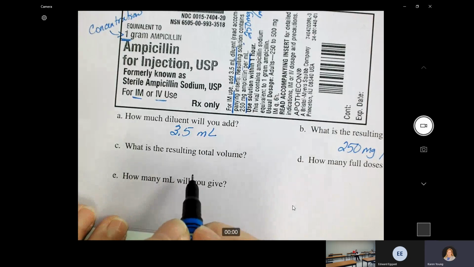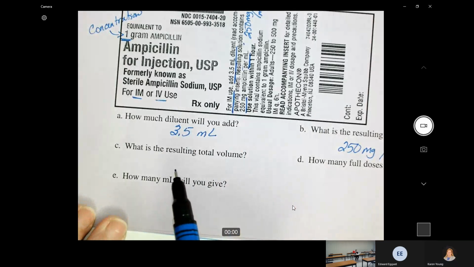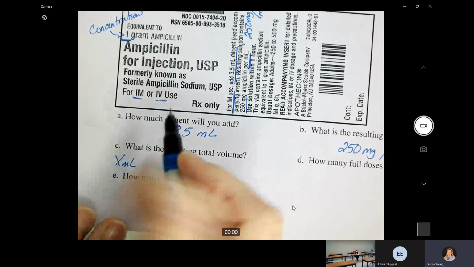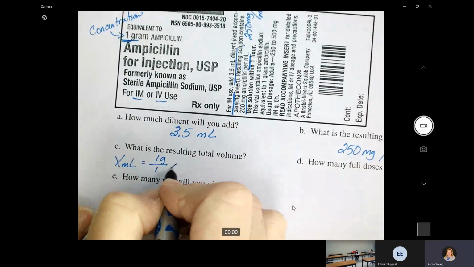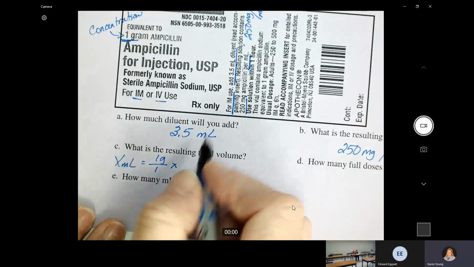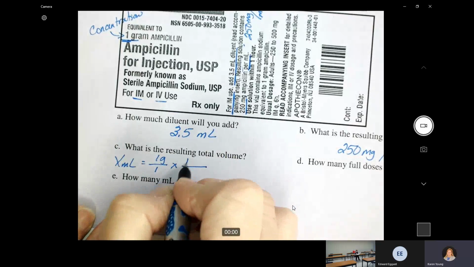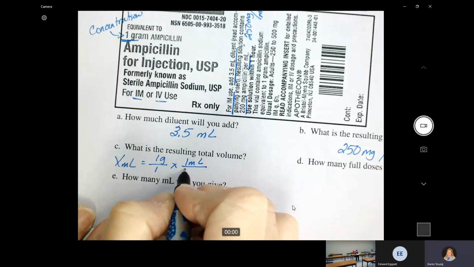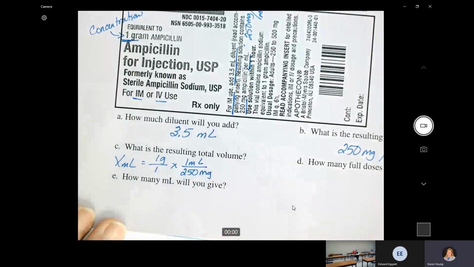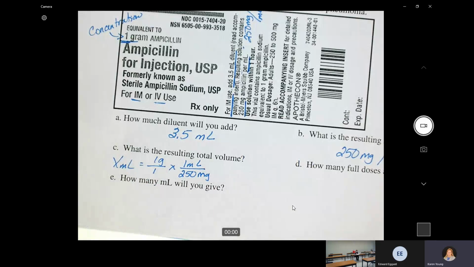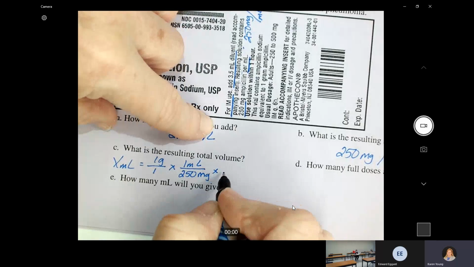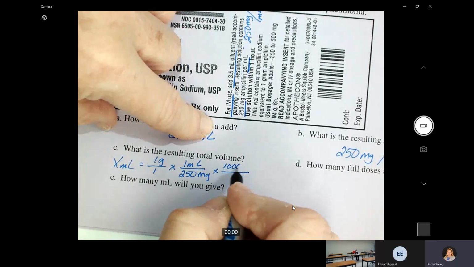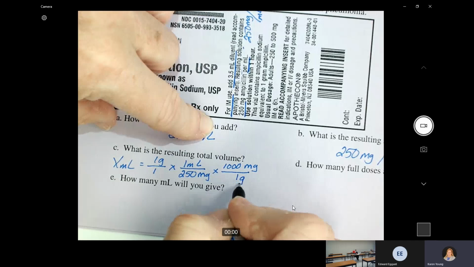All right, so let's look at the resulting volume. Again, it's our total medication, which in this case is the 1 gram over 1, times our supply dose, so 1 milliliter over 250 milligrams. I've got 1 gram and 250 milligrams, so I've got to do a conversion, right? 1,000 milligrams, 1 gram.